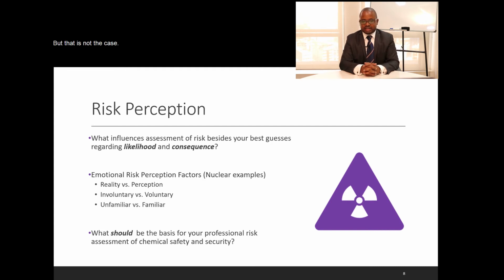But that is not the case. It is more risky for you to drive your car compared to the generation of energy from nuclear. The reality is that nuclear energy is actually very safe, but it is simply a perception that nuclear is dangerous. Risk perception affects how we think of chemical security.